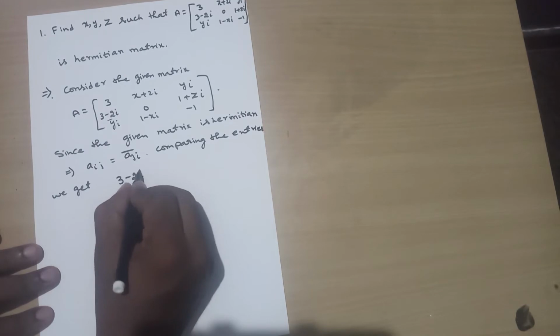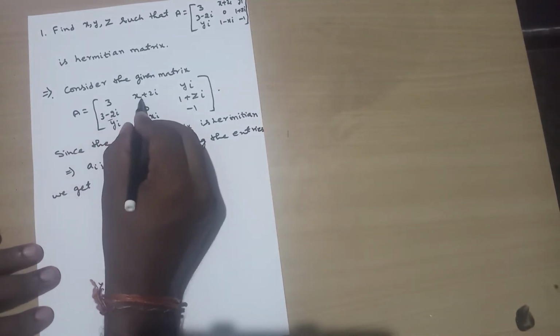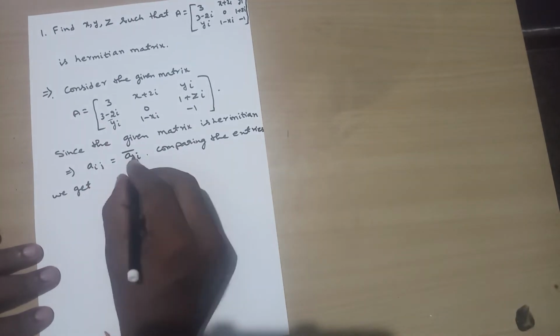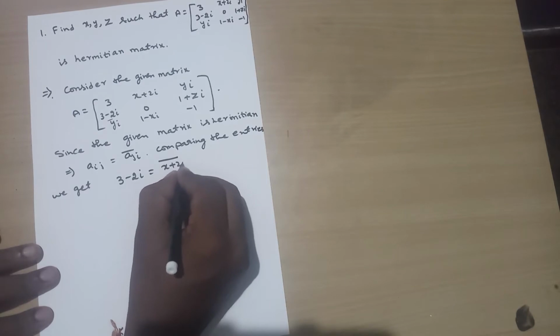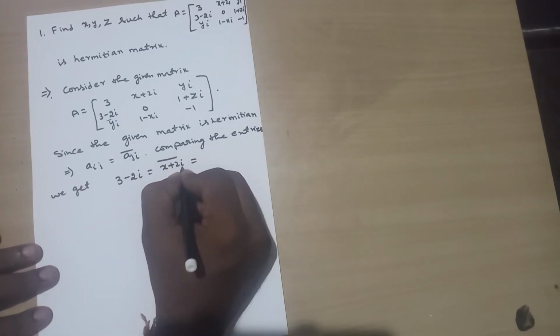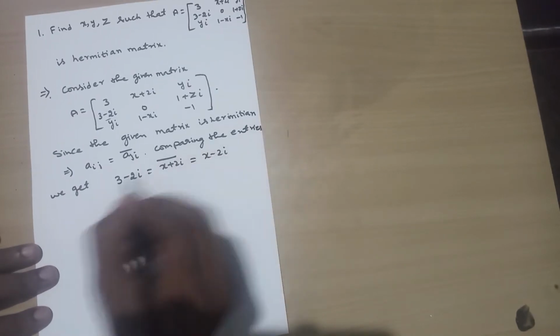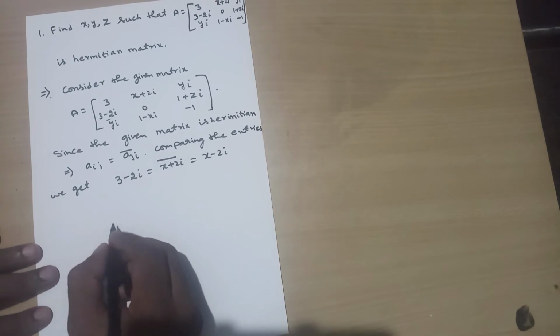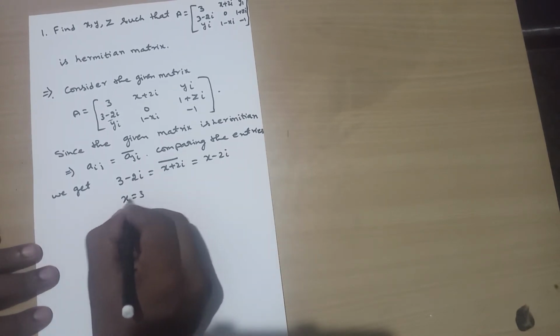So 3 minus 2i means here a21, and the conjugate of a12. You have to take the conjugate of a12, that means x plus 2i. For x plus 2i conjugate, wherever i is there, you replace it with minus i. So x minus 2i we get. So if you compare, what is x here? x equals 3.